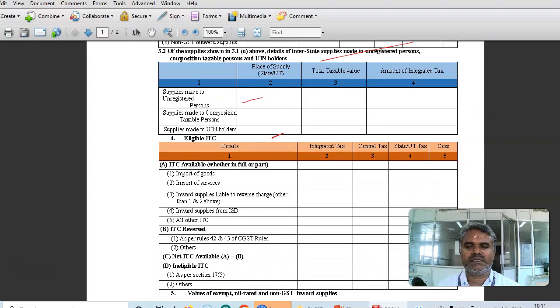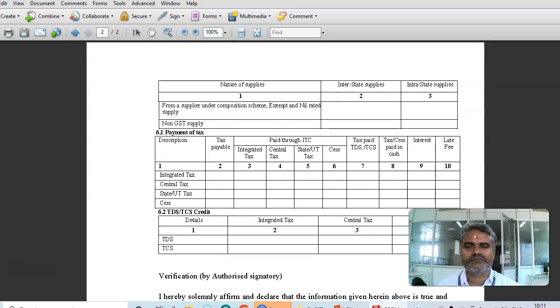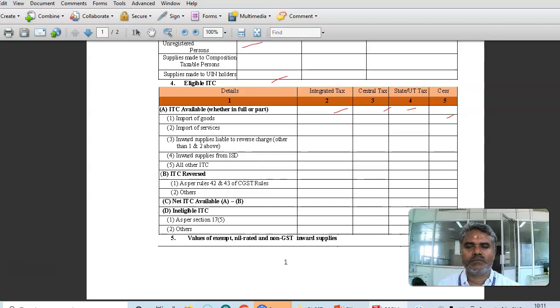Then eligible ITC. ITC available, whether fully or partly, whatever it may be: integrated, central, state and cess. I hope you know these are all the different charges of GST: IGST, CGST, SGST or UTGST, and compensation cess.